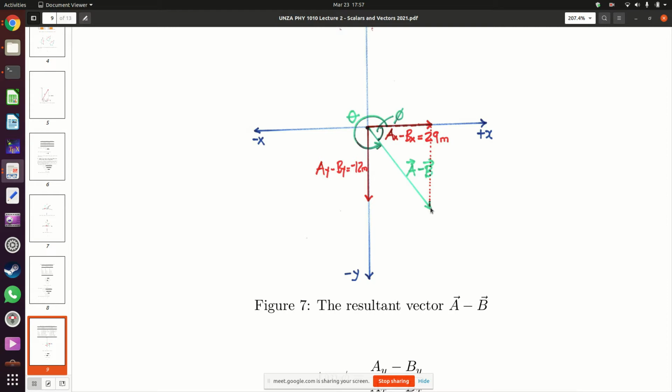So if we move along the x-axis 29 meters, then minus 12 meters parallel to the y-axis, we end up here. This is the same as moving along this green line here. If you move along this green line and you end up there, this is what A minus B is. A minus B is this green line.